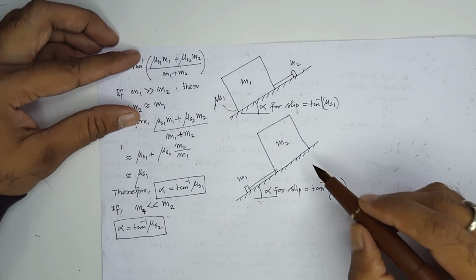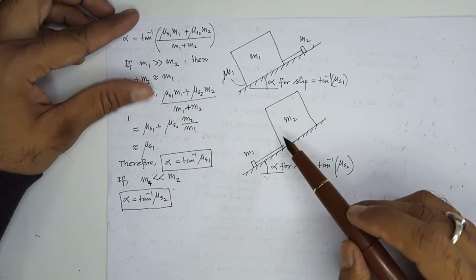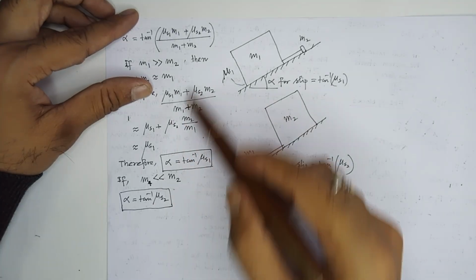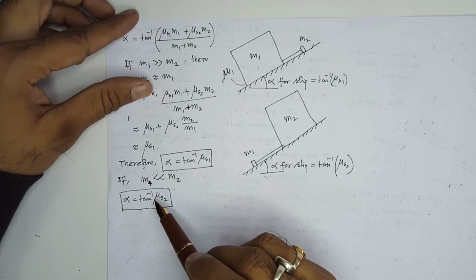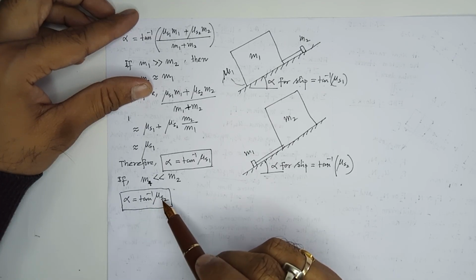In the other extreme, when m1 is much less than m2, following similar logic, you can show that alpha is equal to tan inverse mu s2.